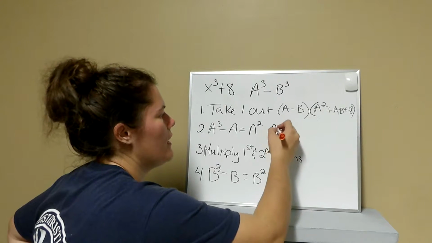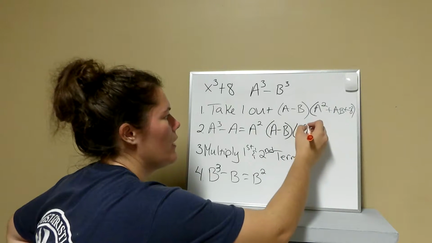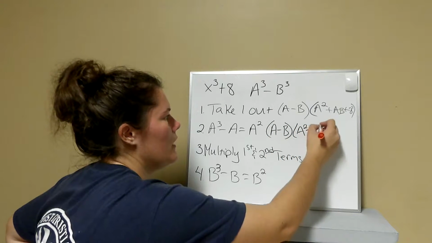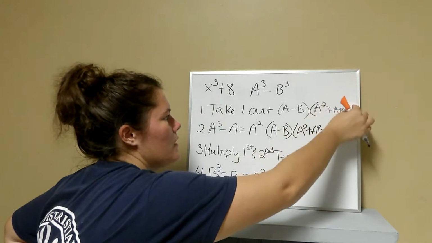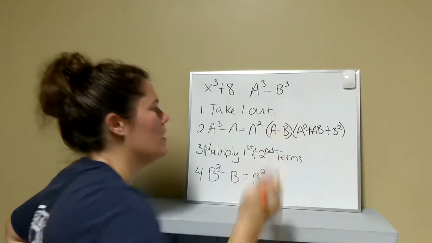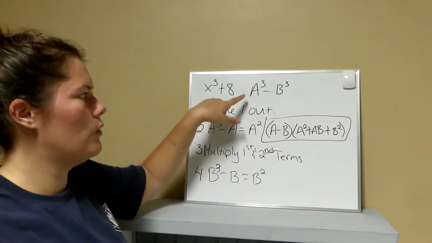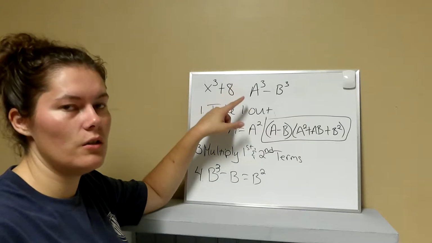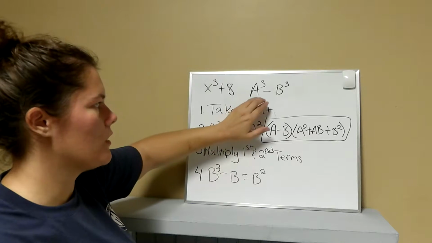So then you would have a minus b times a squared plus ab plus b squared. I had to rewrite that because that looked atrocious. So this is what your answer would be for factoring a cubed binomial.